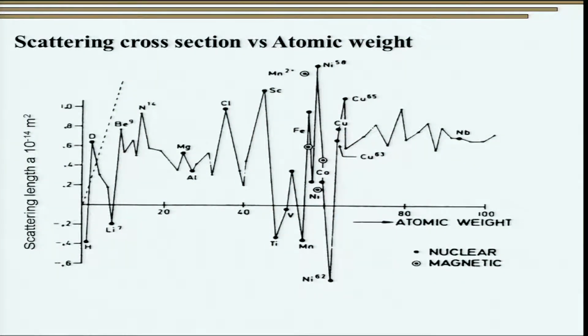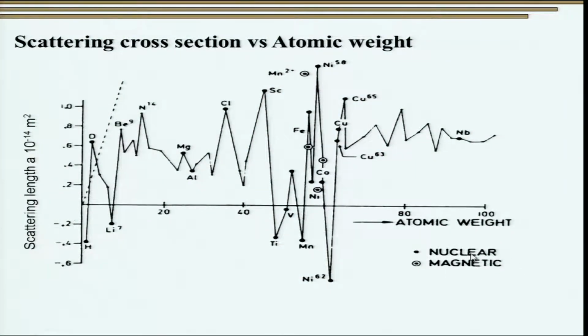However, look what happens when we look at the neutron cross section, which is given over here in terms of scattering length. We see that two elements which are very close to each other have very different values. You see aluminum and chlorine, they have quite a different scattering cross section. This ensures that we can easily separate out these two elements which are very close in the periodic table using neutron diffraction.